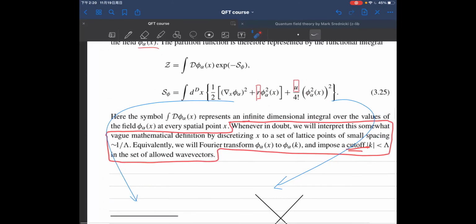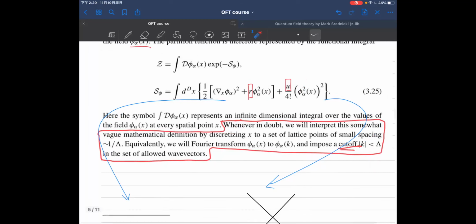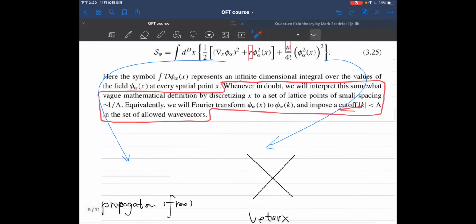Okay, that's great. Then we need to keep in mind there is a cutoff in the momentum space. Then it's quite easy and quite happy to do the field theory by Feynman diagram. In a Feynman diagram, you can calculate the free propagator.